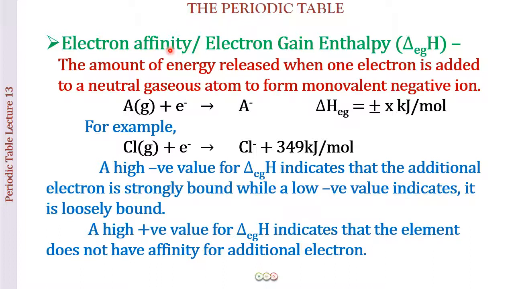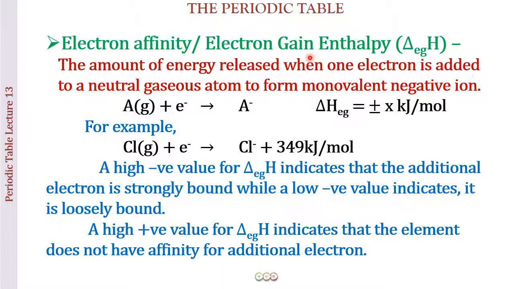And another term which is used interchangeably is the electron gain enthalpy. Enthalpy is what we've already discussed before, while we were discussing ionization enthalpy. So this is an energy change for the gain of an electron, that is called electron gain enthalpy.